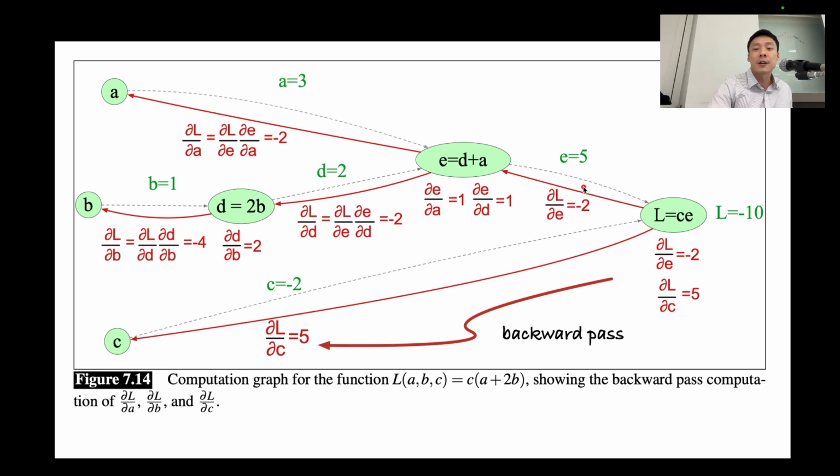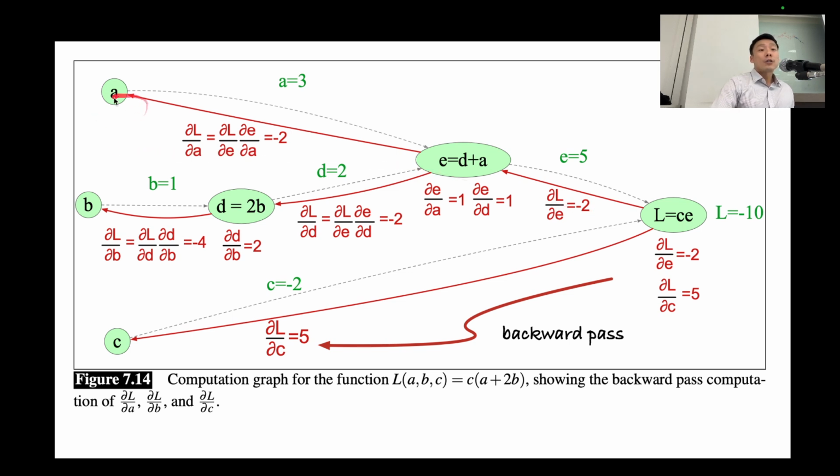It's not very hard. dL by dE is very easy: you take the partial derivative of this function with respect to E. You get C, and C is equal to minus 2, so dL by dE is equal to minus 2.